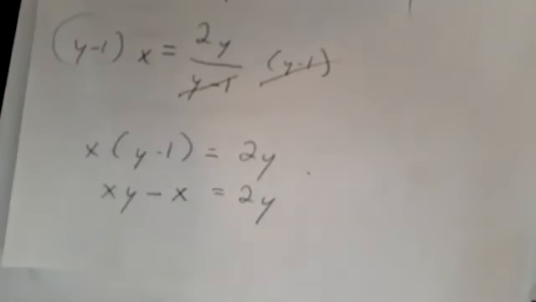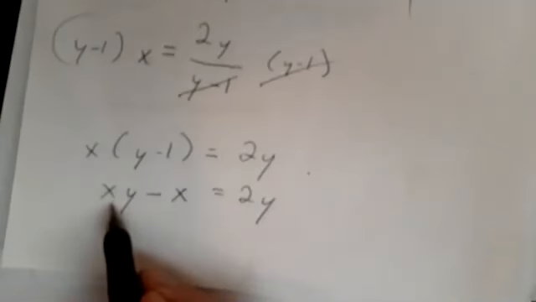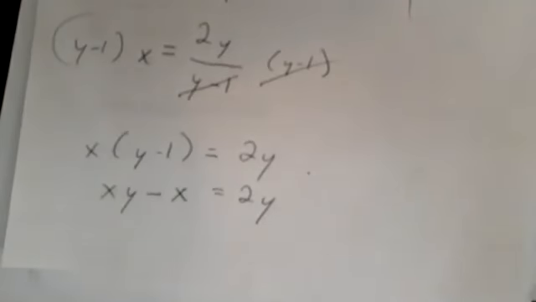Now, we want to solve for y. We have to get everything with the y to one side and everything without to the other. So there's a few ways to do that. I think the easiest way might be to what? Subtract xy. Subtracting xy would be the fastest.